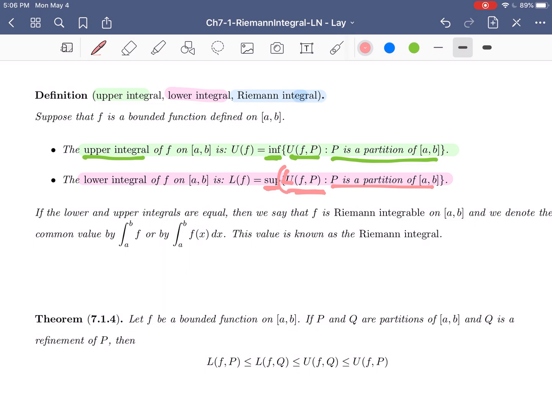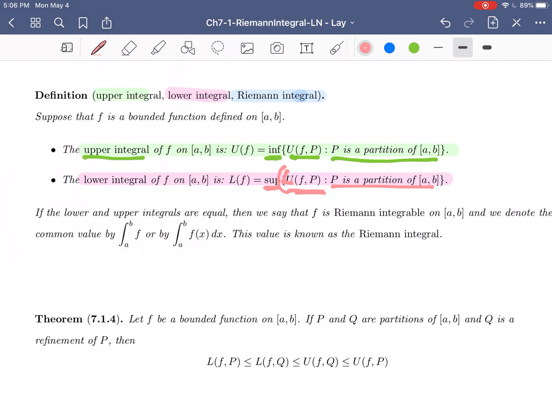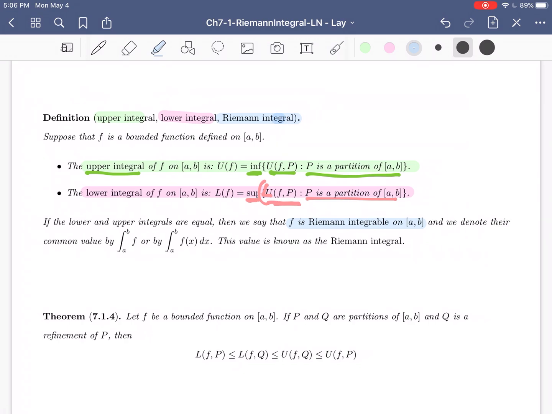If it turns out that the two integrals are equal, so if this upper integral and the lower integral are equal, then we say that f is Riemann integrable, and we denote that common value by this or by this. That value is known as the Riemann integral, right?